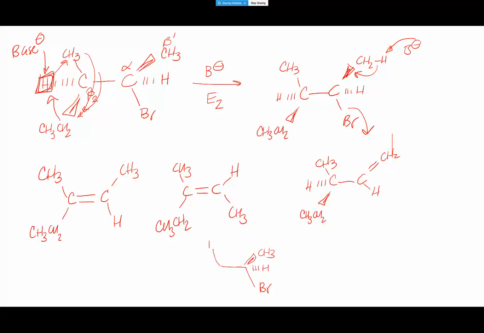In order to put the hydrogen there, then bring the methyl group here, and then move the ethyl group to the back. So I've got to rotate that group in order to put the hydrogen anti-periplanar to the bromine.